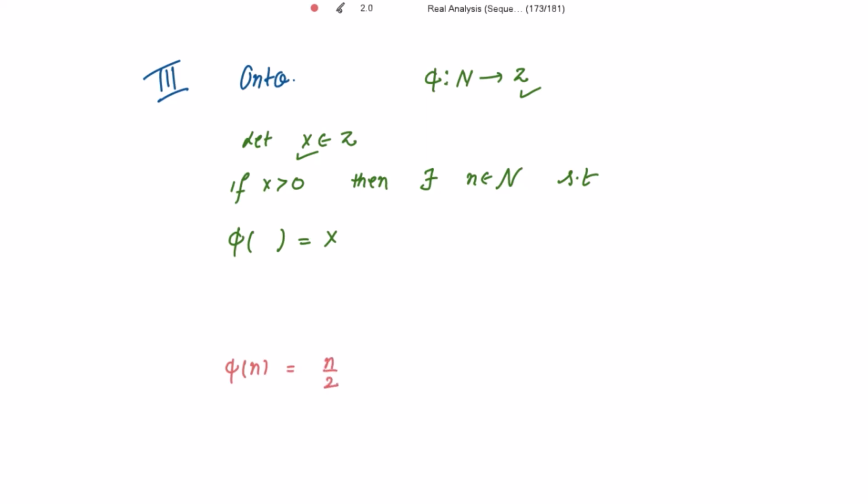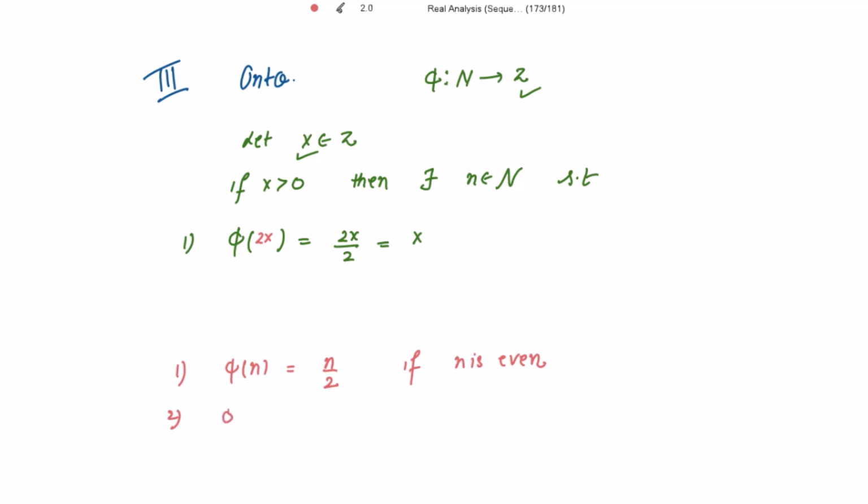So if I take n to be 2x, putting here 2x, I'm getting 2x divided by 2 as x. So phi of 2x is equal to 2x divided by 2, that is equal to x.